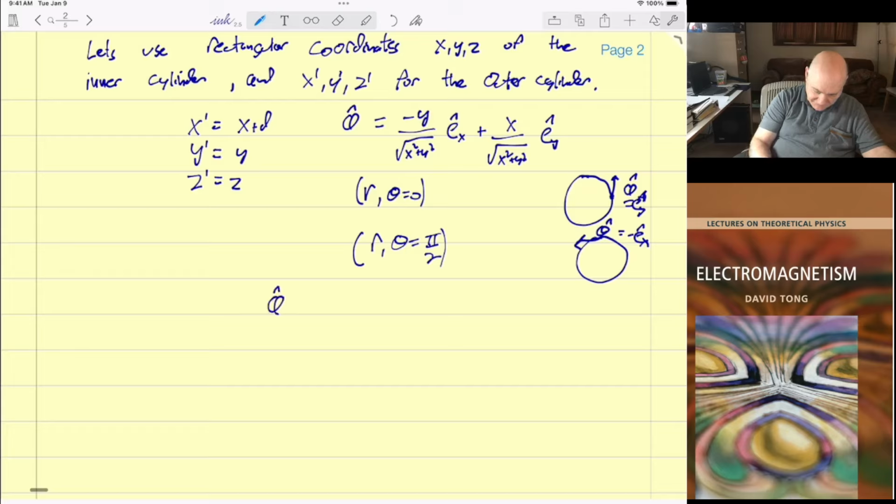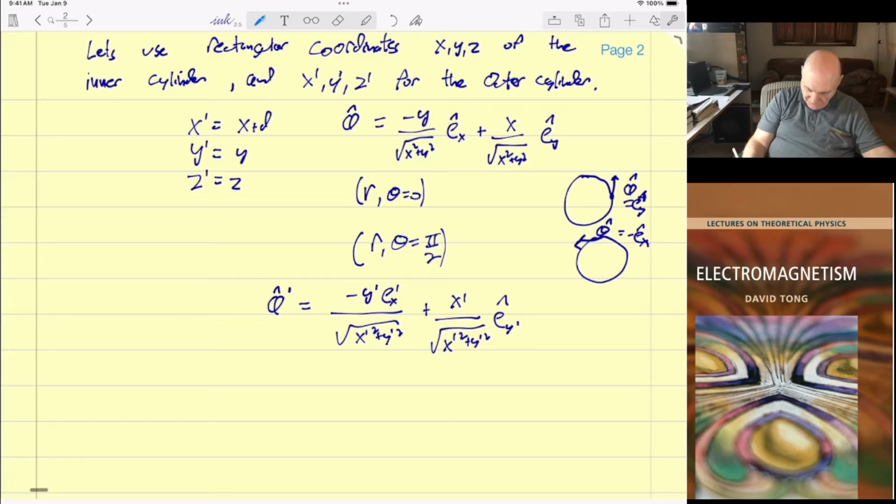So anyway, phi prime is different because it's at a different origin. Relative to the coordinates for the outer cylinder, it's the same formula: minus y prime over the square root of x prime squared plus y prime squared times e_x prime, plus x prime over the square root of x prime squared plus y prime squared times e_y prime. The e's don't change because unit vectors in rectangular coordinates don't change under a translation.